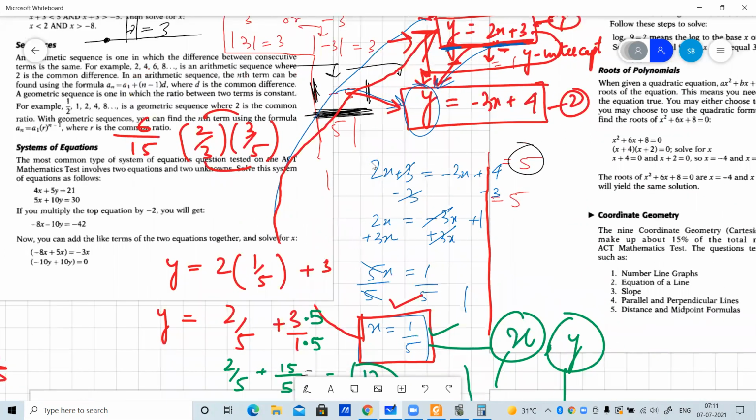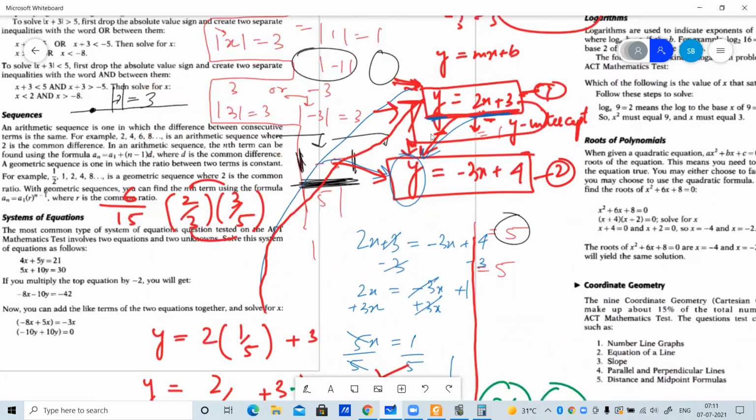And write the two equations which I have written here: y equals 2x plus 3 and y equals negative 3x plus 4.